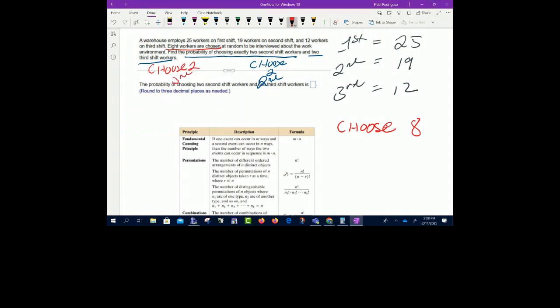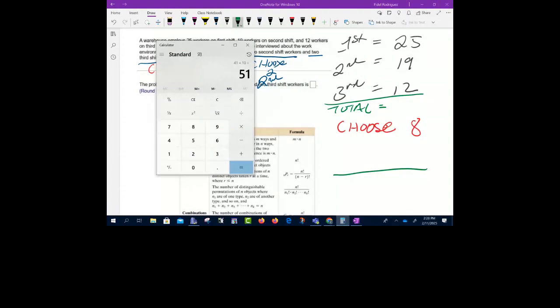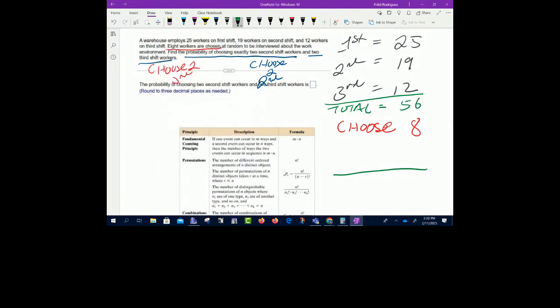Okay. So, y'all, let's do what we did earlier. Let's first figure out the total number of employees. I'm going to take 25 plus 19 plus 12. We have a total of 56. Okay, we have a total of 56 employees.